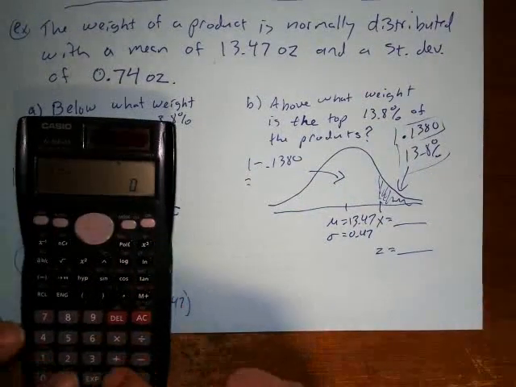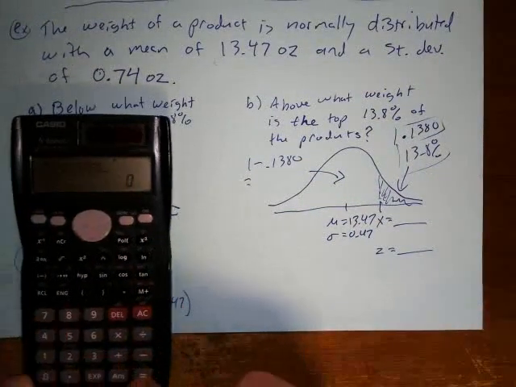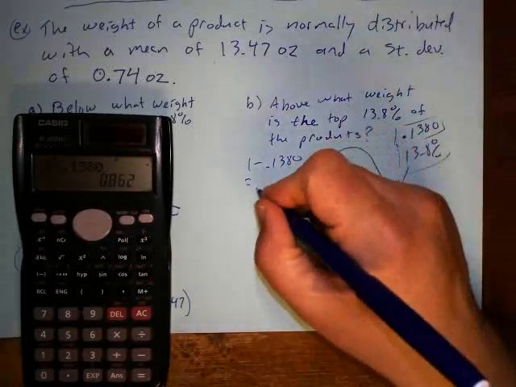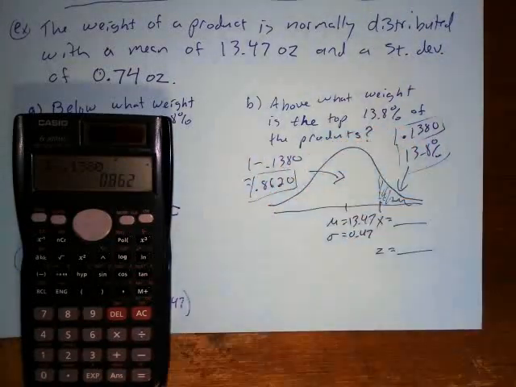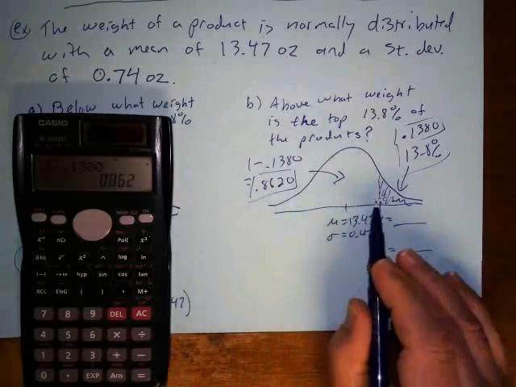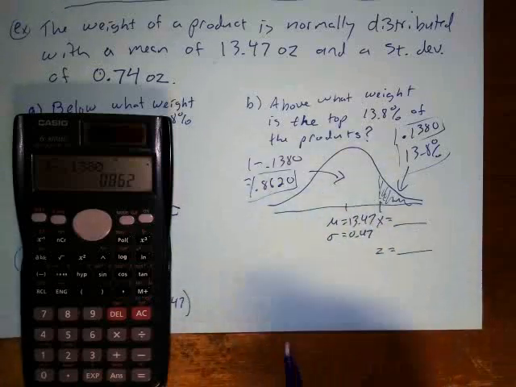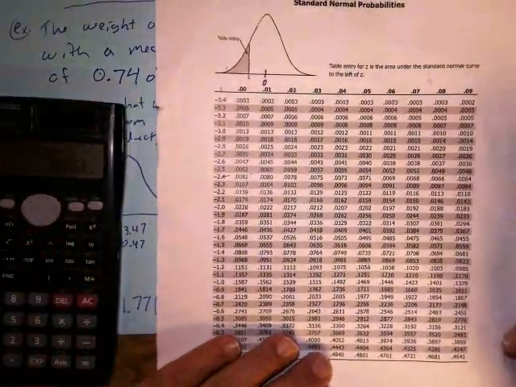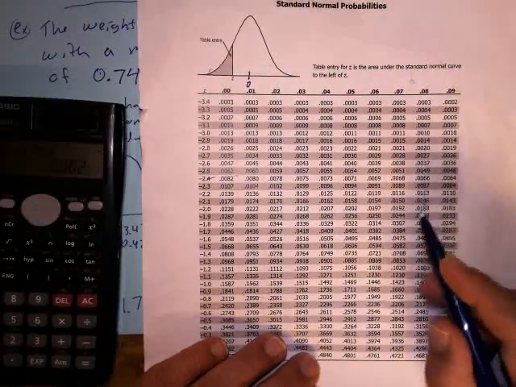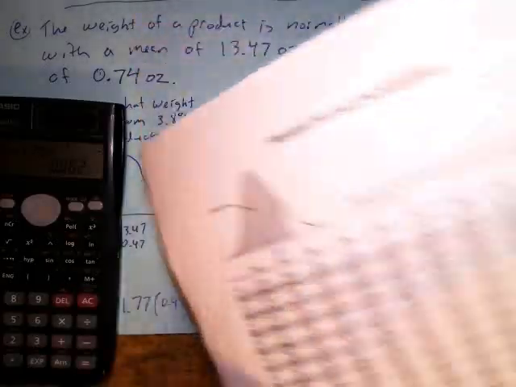So 1 minus 0.1380, and so this is like 0.8620. So what I'm doing is I'm looking for the z-score that has that area below it. I'm going to look this up on my table. I'm going to look on the positive side.